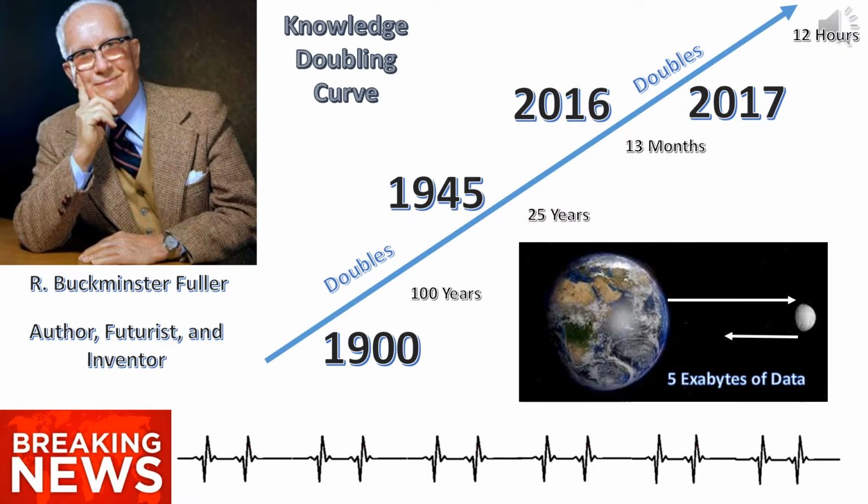Eric Schmidt, the former CEO of Google Incorporated, said in the year 2010, "Every 2 days we are creating as much new information as we did from the dawn of civilization to the year 2003." That works out to be 5 exabytes of data every 2 days. Now, some critics have pointed out that this number is not accurate and that it is probably much higher.